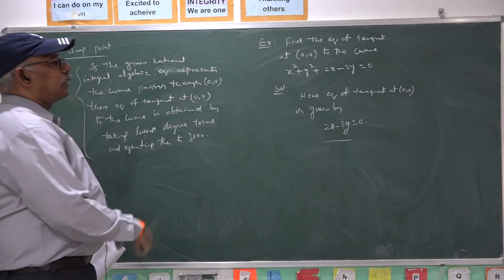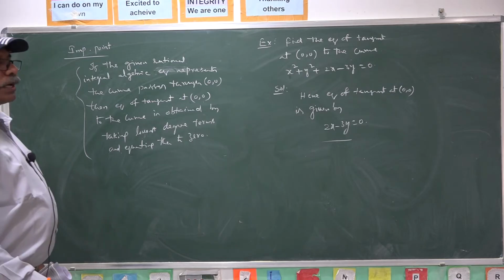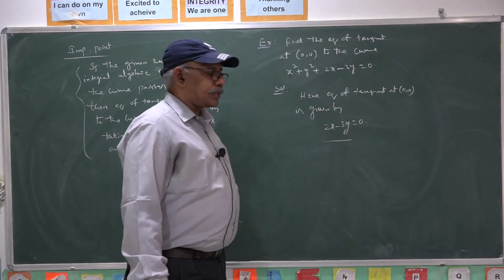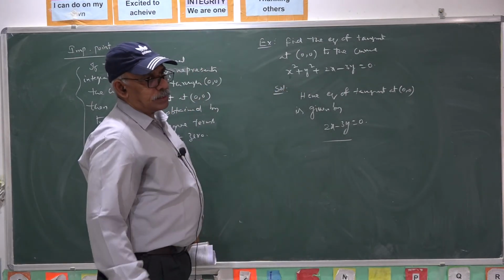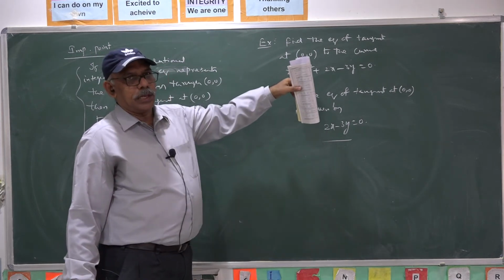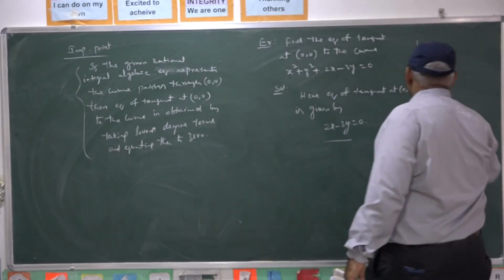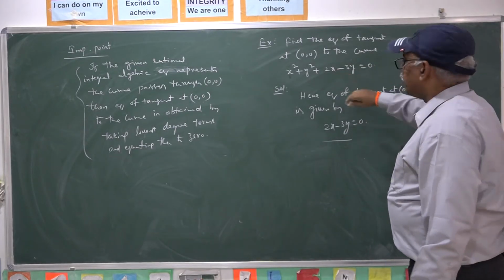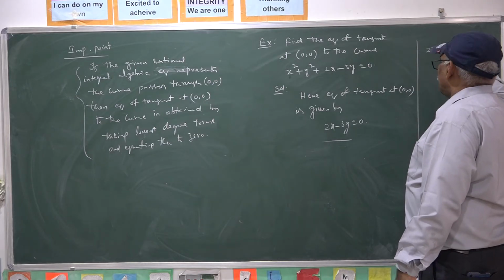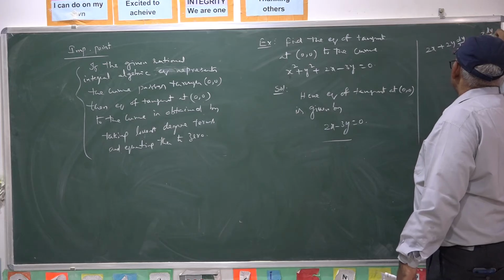So, immediately you can find the equation of tangent at origin to such curves. Even if you find the equation of tangent at origin through the derivative process, you get the same. I will explain the same here. Now, differentiating the curve here, we get 2x plus 2y dy by dx plus 2 minus 3 dy by dx is 0.